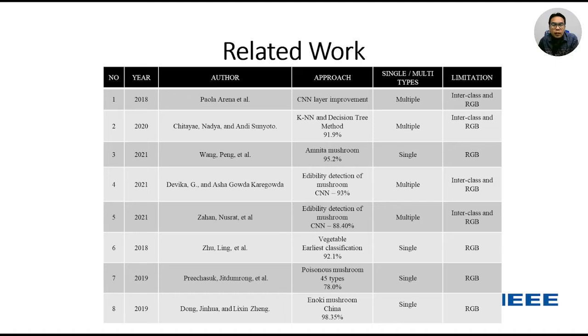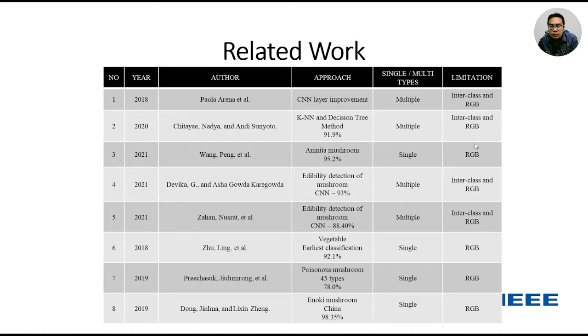Speaking of which, there are many studies that have been conducted before, so we can conclude them as two types of study: the multiple study, which focuses on multiple types of mushroom itself, whereas the single is only focusing on one particular mushroom.